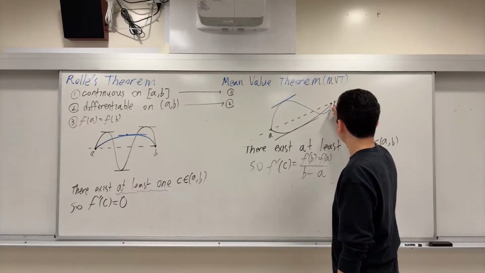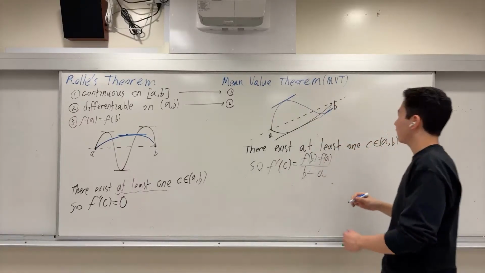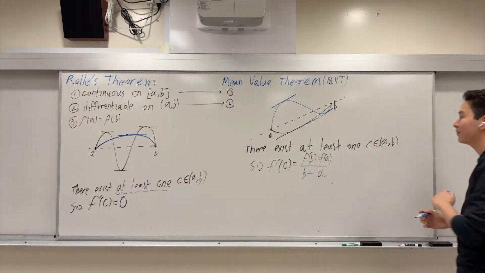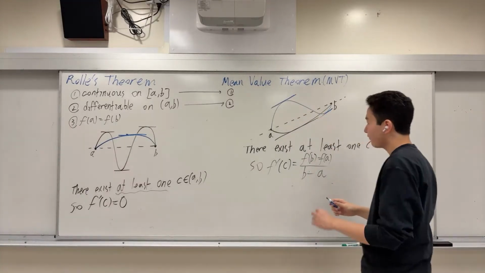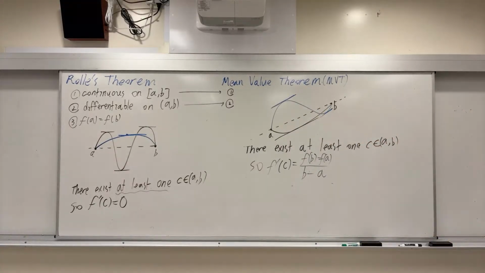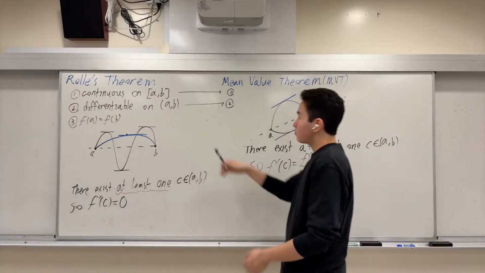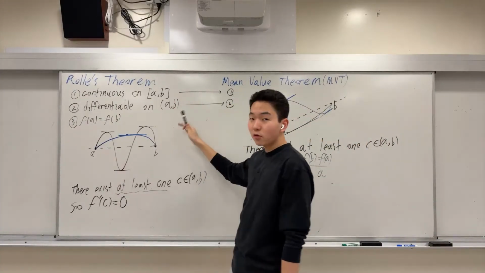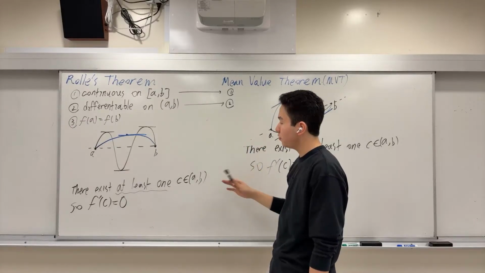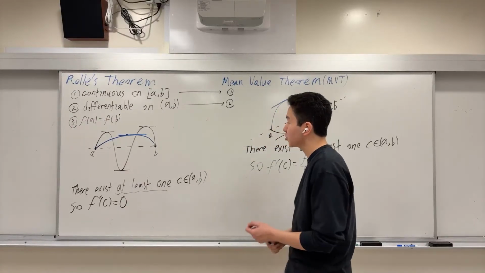So you would have this line and this line in the blue curve, and you would have this line in the black curve. As you can see, they are all parallel to the average rate of change, and the slopes are the same. Okay, so that's what these theorems are. When you memorize these, just remember to know the conditions for the theorem to hold true and what it says about the function.